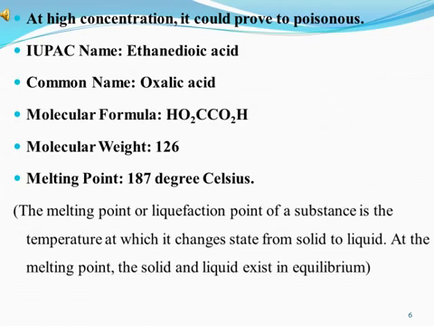The melting point of oxalic acid is 187 degrees Celsius. Now, what is a melting point? The melting point or liquefaction point of a substance is the temperature at which it changes state from solid to liquid. At the melting point, the solid and liquid exist in equilibrium.